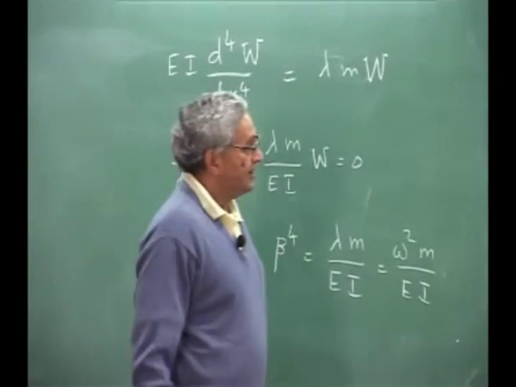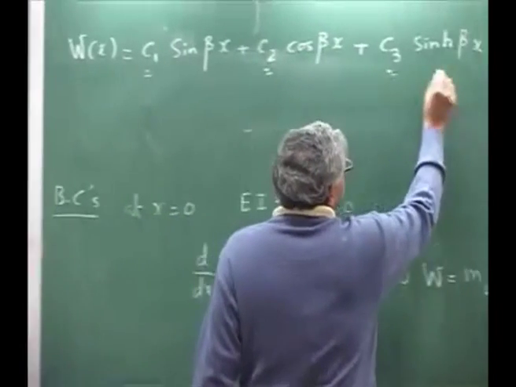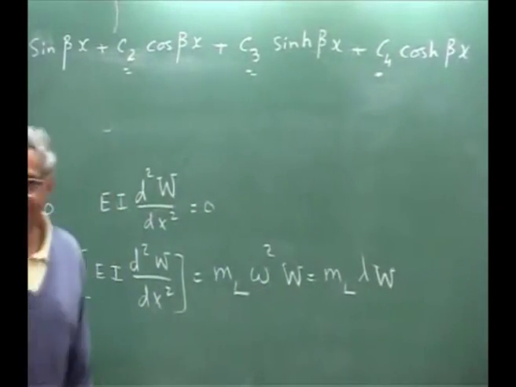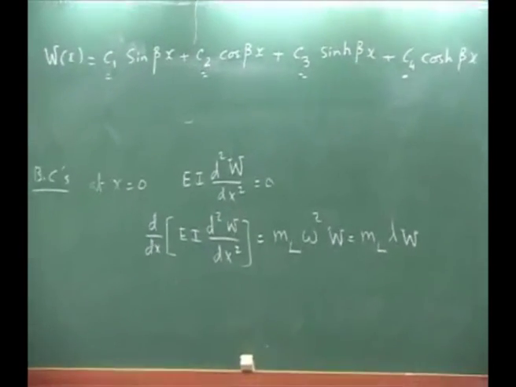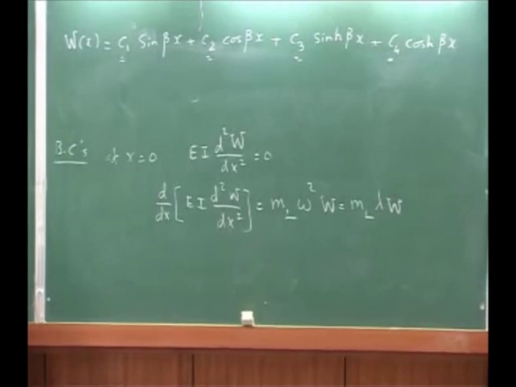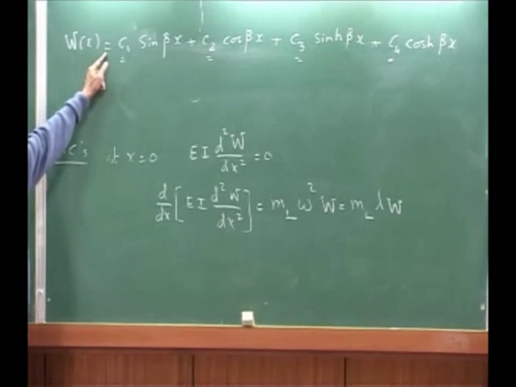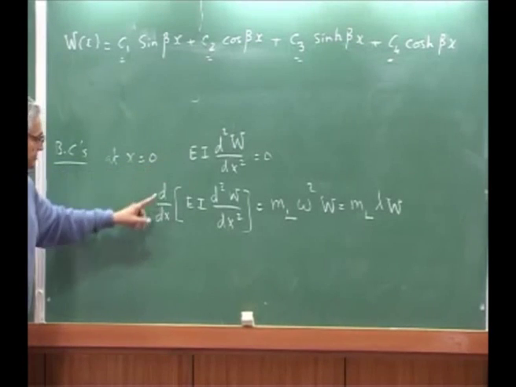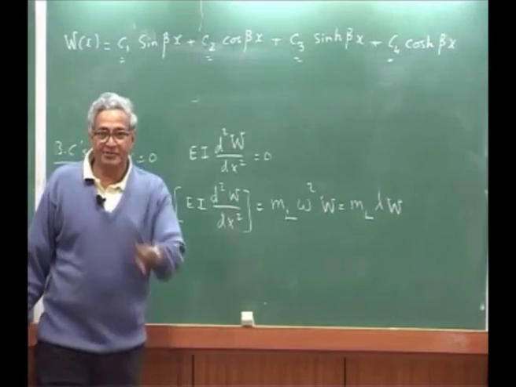Now, you need to find out these 4 constants C1, C2, C3, C4. You cannot obtain them uniquely, because what you have to do is take this function and substitute in the 4 boundary conditions. Then you will have 4 equations.